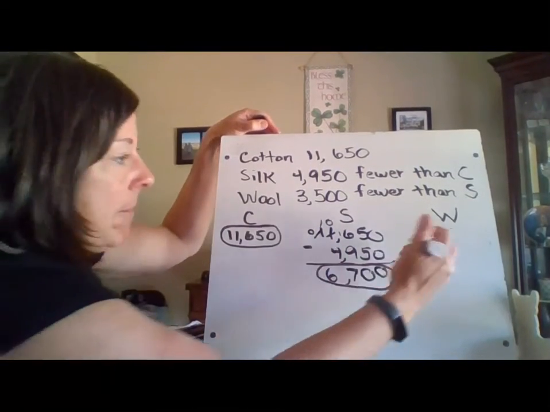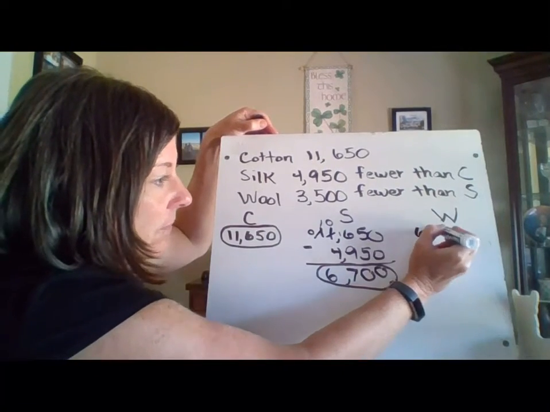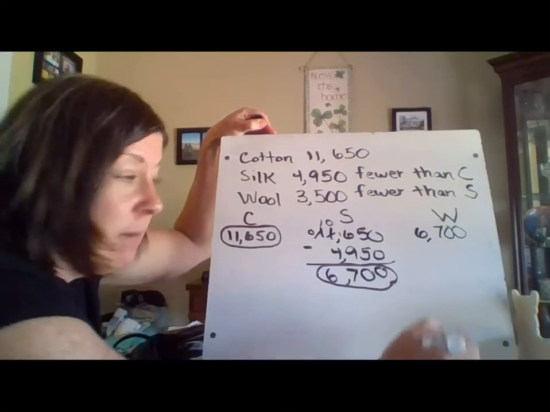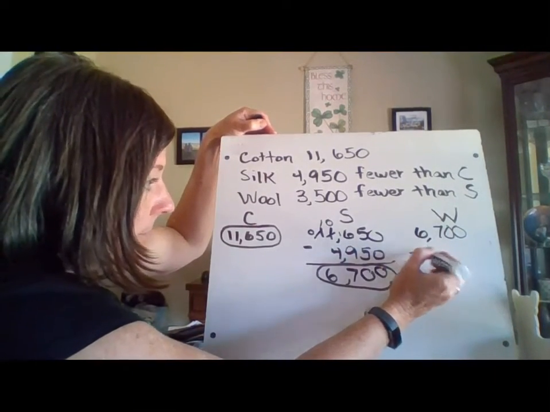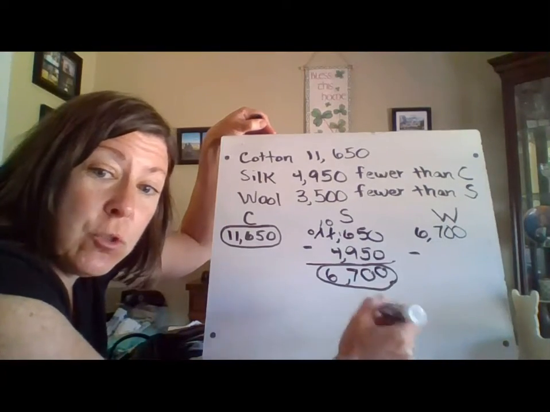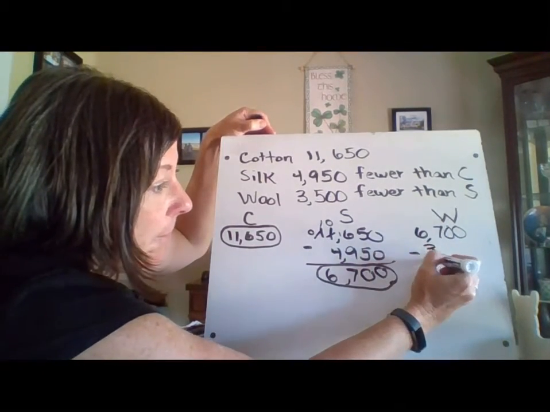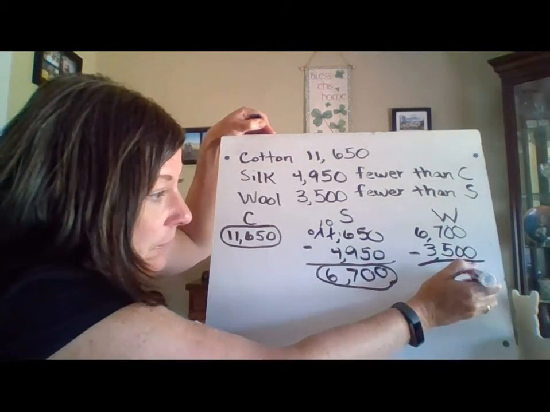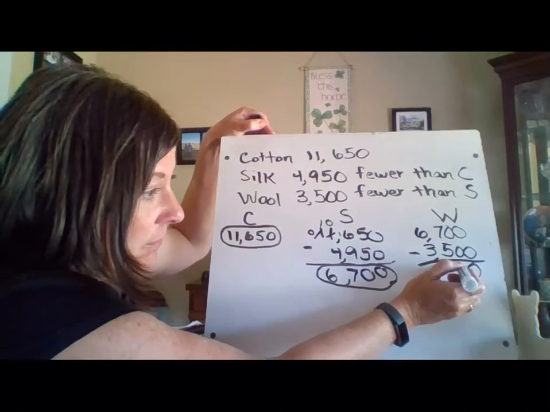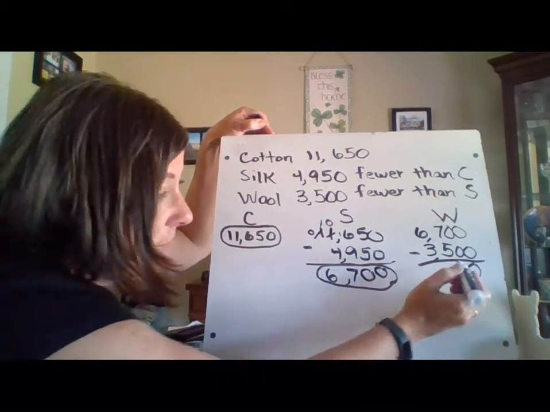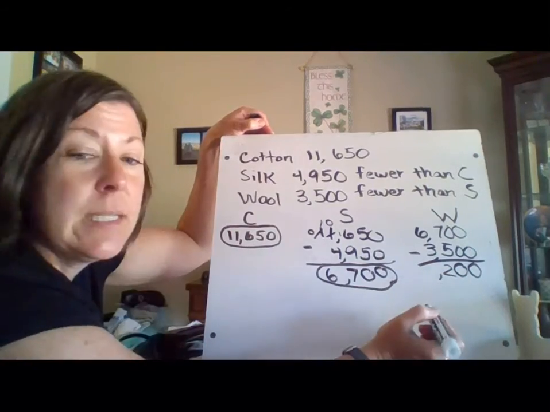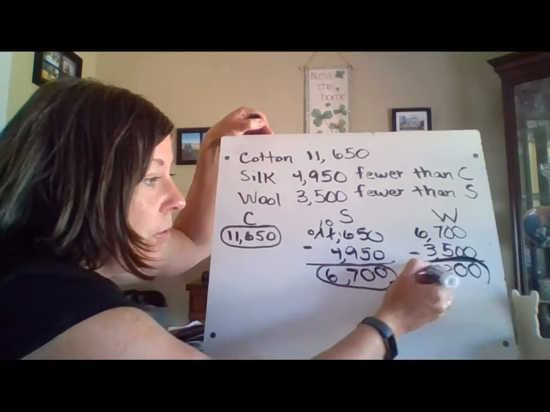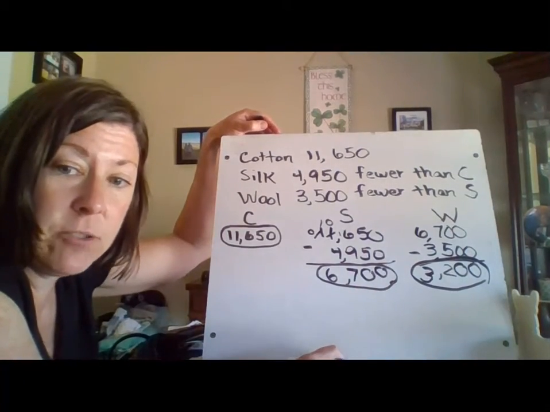This is the silk. So now I have to subtract 6,700 minus the 3,500. 0 minus 0, 0. 0 minus 0, 0. 7 minus 5 is 2. 6 minus 3 is 3. So the wool is 3,200.